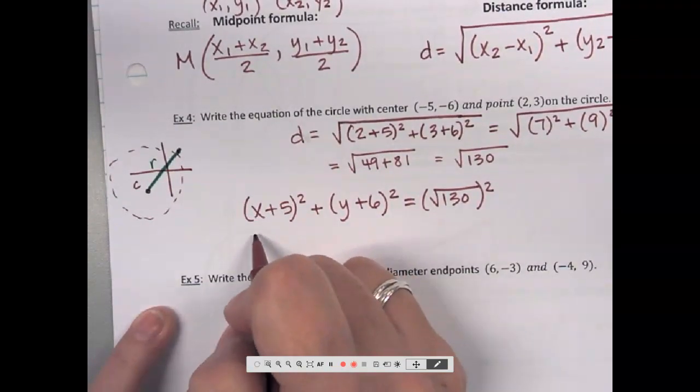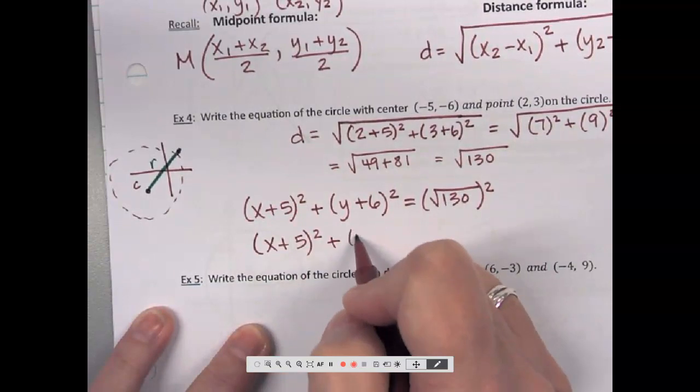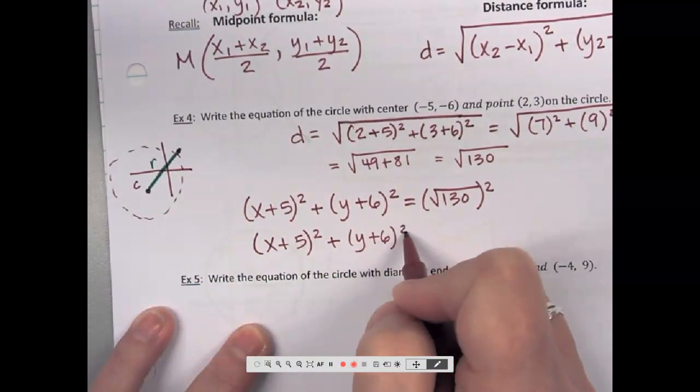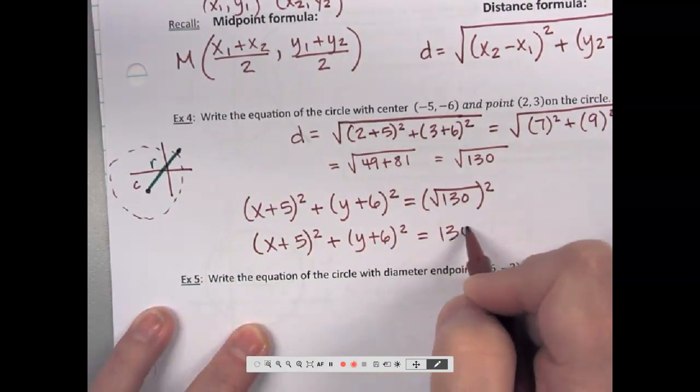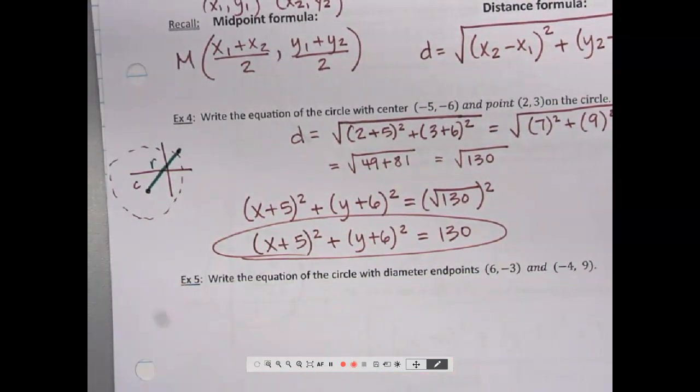And then I would take it one step further. X plus 5 squared plus y plus 6 squared equals 130. Any questions on that?